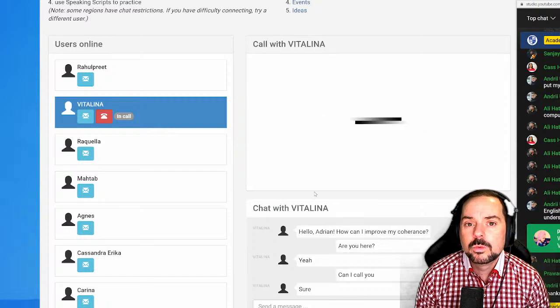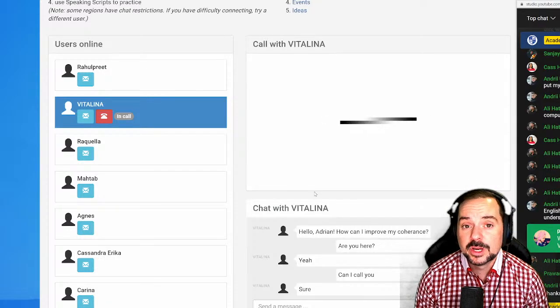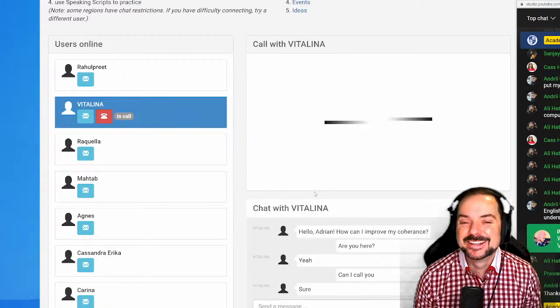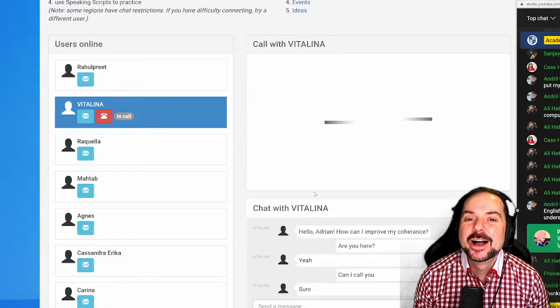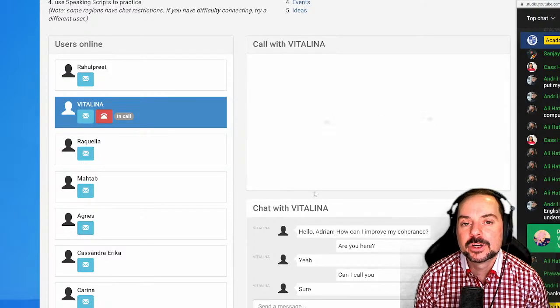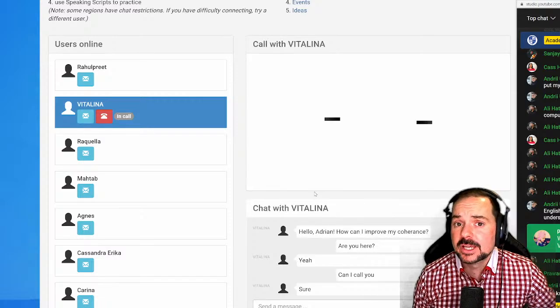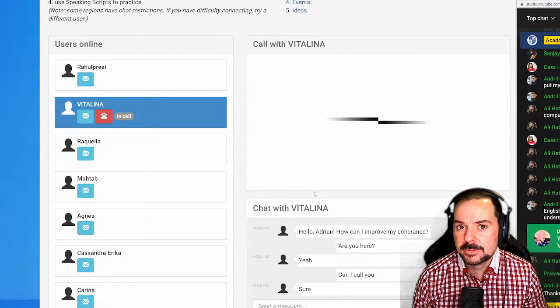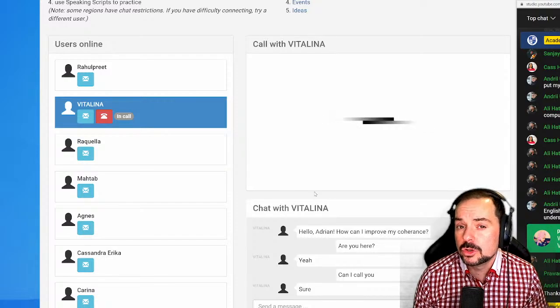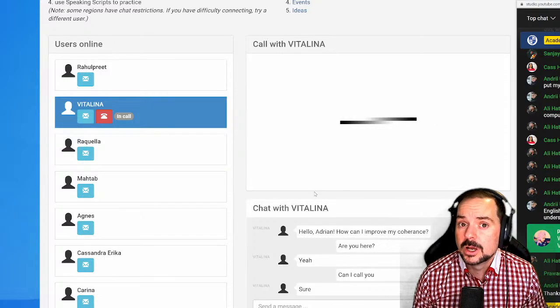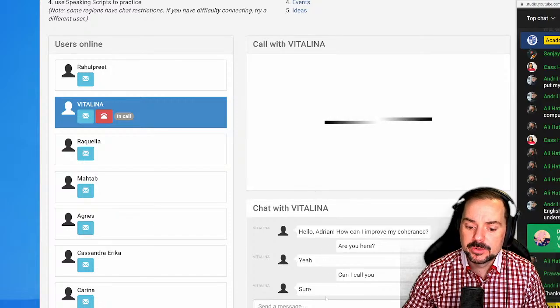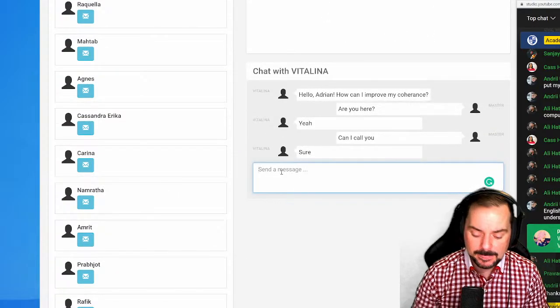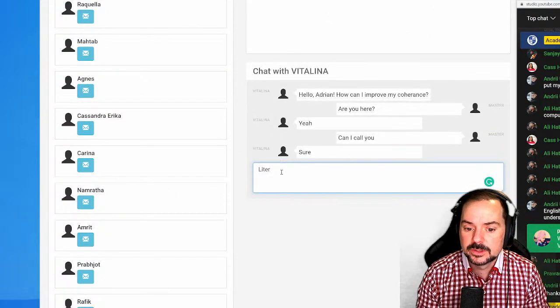So one way to improve your coherence without going into 10 years of essay writing is to go back to these foundations of writing principles and revisit them, and then think about how you can use these tools, what are called literary devices. Let me put this into the chat here.